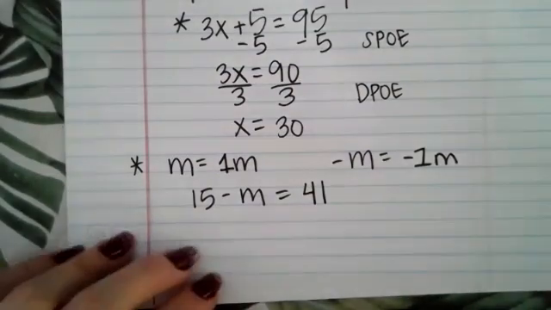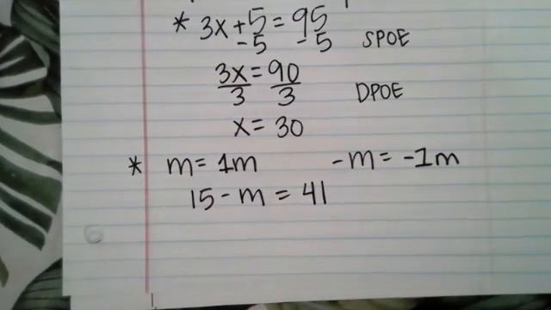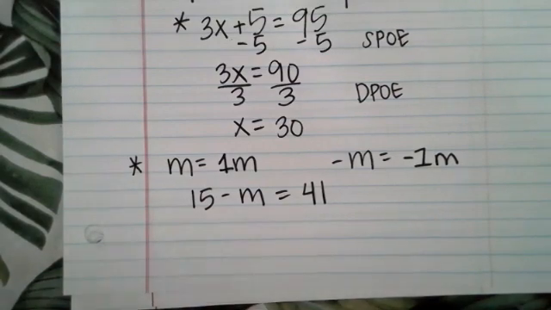So I can't rearrange this to be m minus 15 because the commutative property doesn't work. 15 minus 1 is not the same thing as 1 minus 15. One would be 14 and the other would be -14.